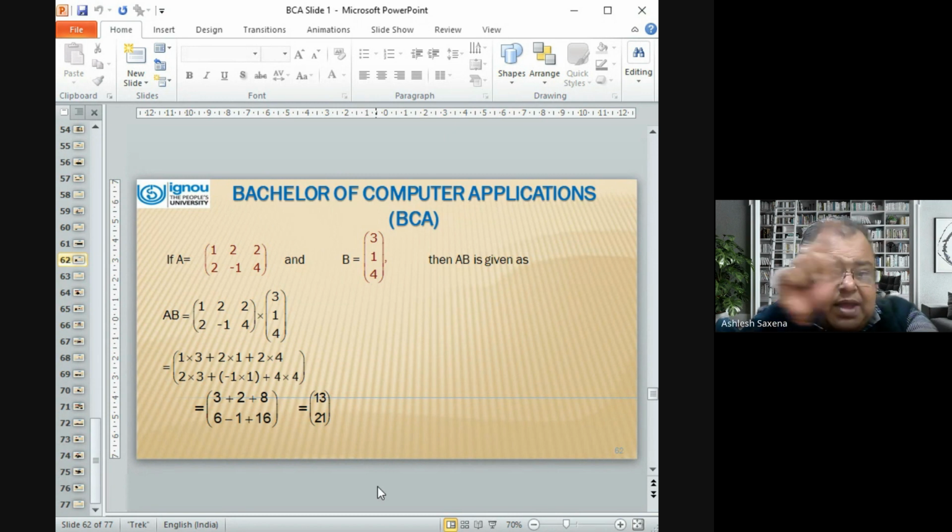These numbers are multiplied in this order, moving left to right and coming down. 2 into 3 plus 2 into 1 plus 2 into 4. Each element of the second row will be multiplied by each element of the column of the second matrix. That will be 2 into 3 plus minus 1 into 1 plus 4 into 4.